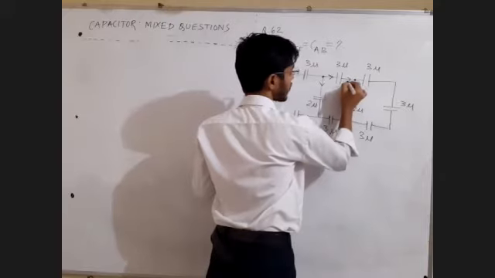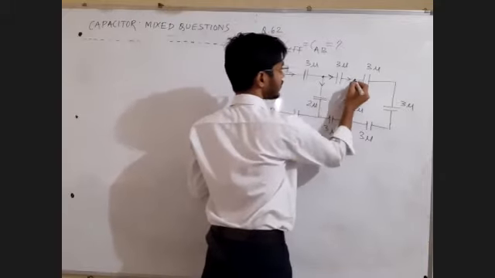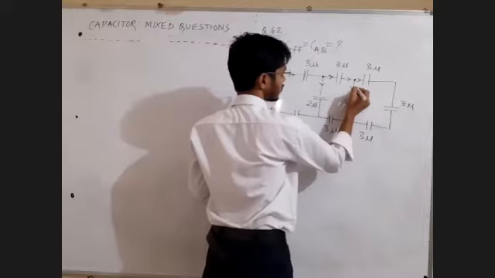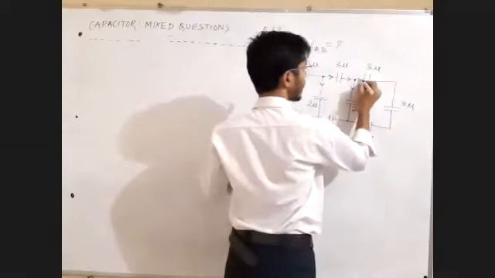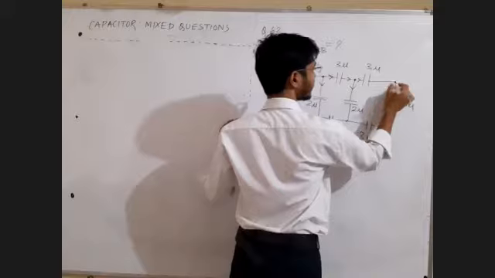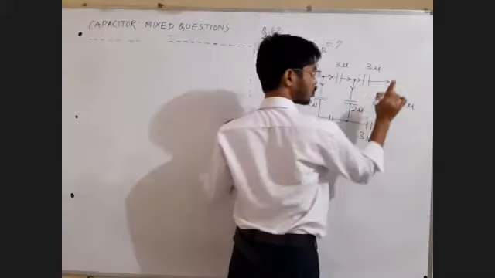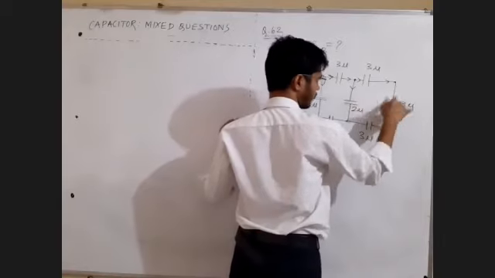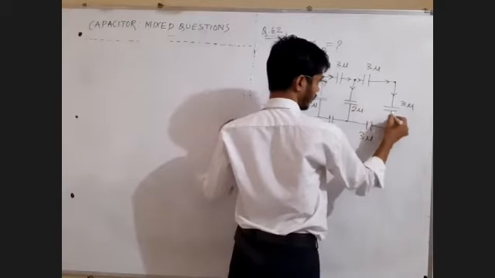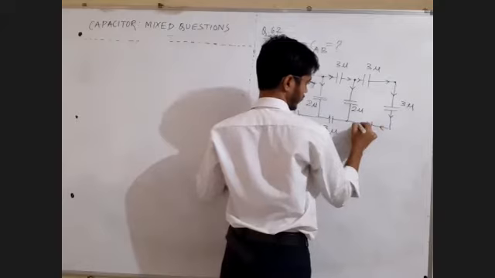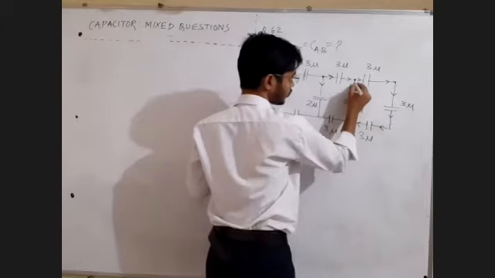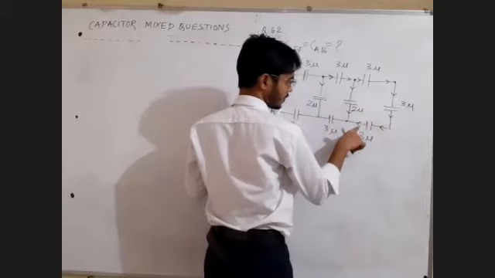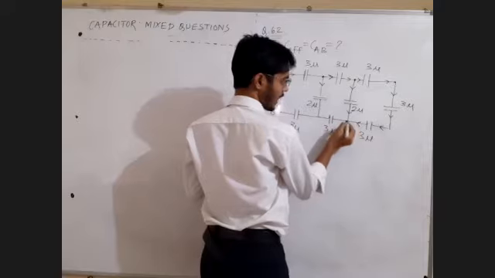Now this charge again will identify that there are two paths. This is first path, this is second path. The charge will go like this. Now here there is only one path, not two paths. Though it is a turn, it is still one path. Now this charge and this charge will combine at this junction.